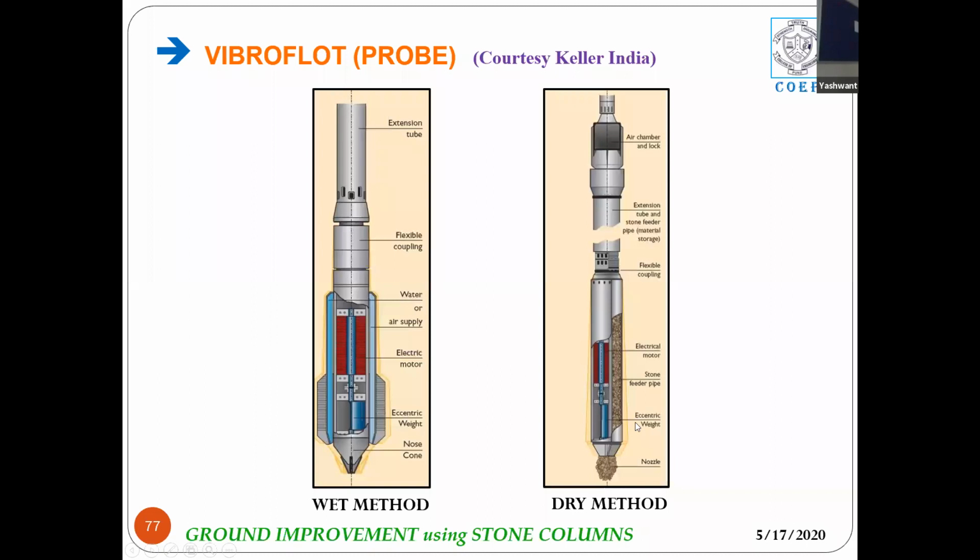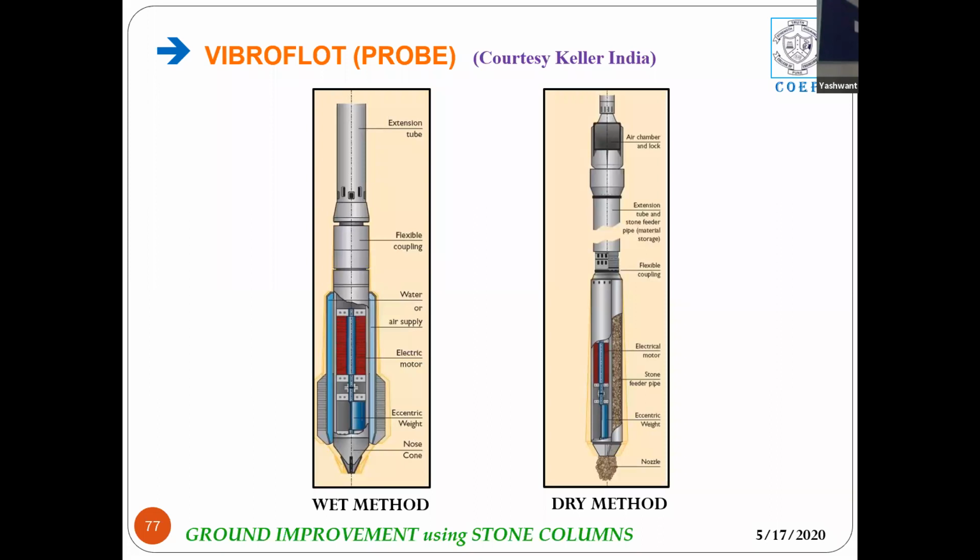In both the probes, you can see an inbuilt eccentric weight, so that during the vibration the probe moves laterally, and this helps in having a bigger diameter hole. These probes are generally available in diameters of 400 mm, 500 mm, 700 mm, and up to 1.2 meter.